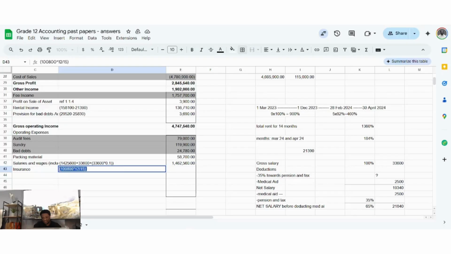Another alternative would have been to calculate the 3 out of 12, and then after that subtract it from the 100,800. So that would be another way to perhaps look at it. But yeah, either method will work. The next thing that we want to have a look at is the director's fees.